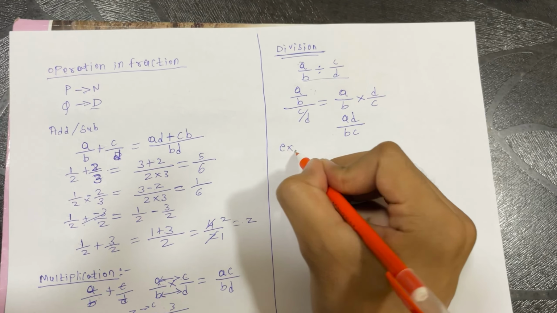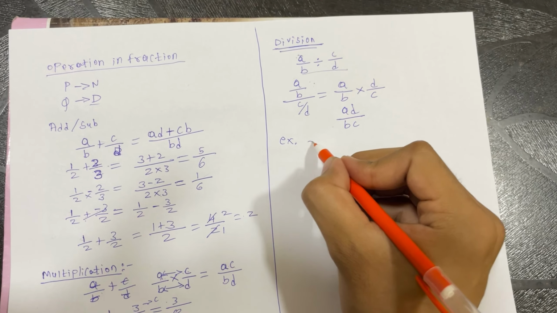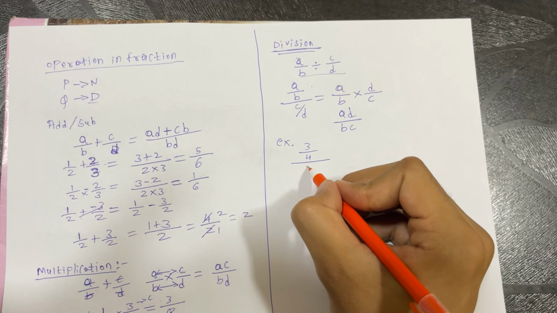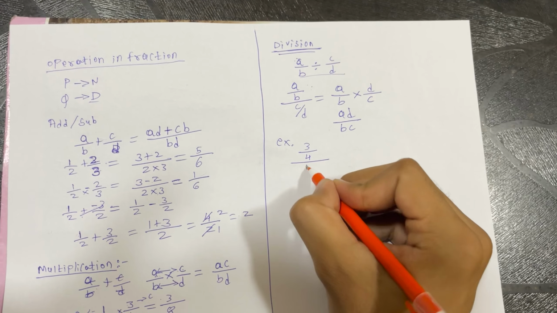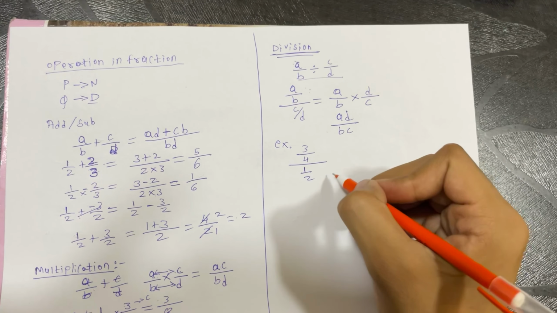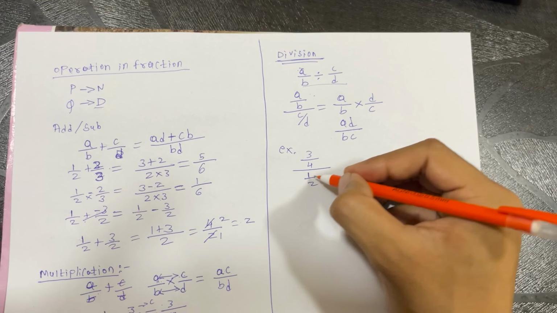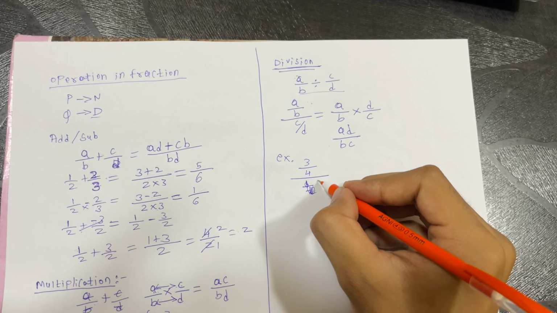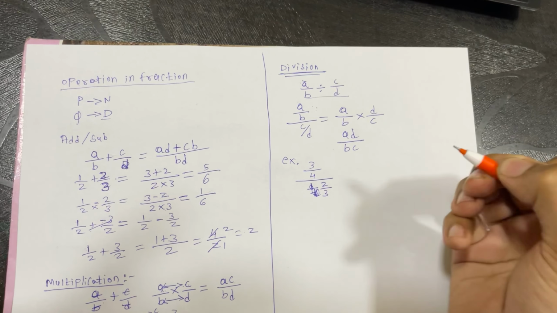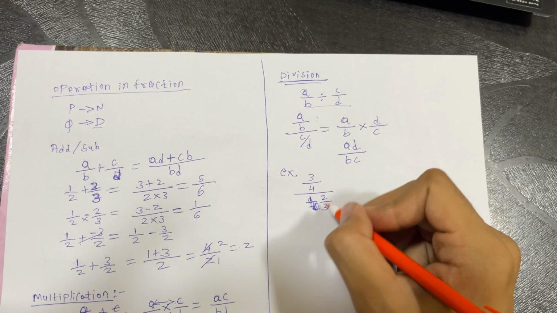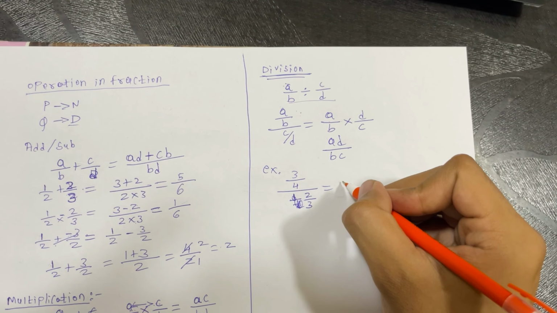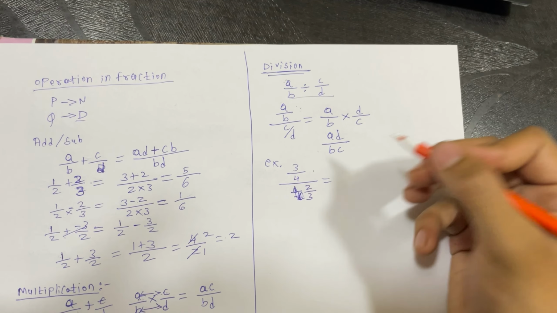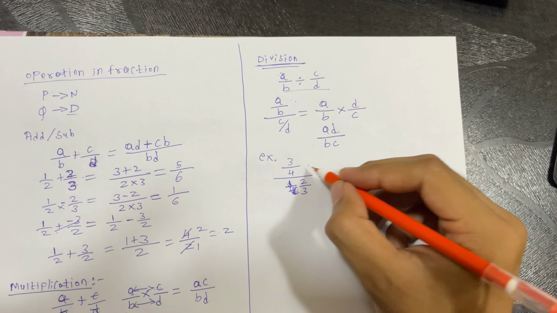Let's take one example. Let's take 3 by 4 divided by 2 by 3. Then division is done in this way. We will first take this denominator part into numerator and then we will multiply it, right?